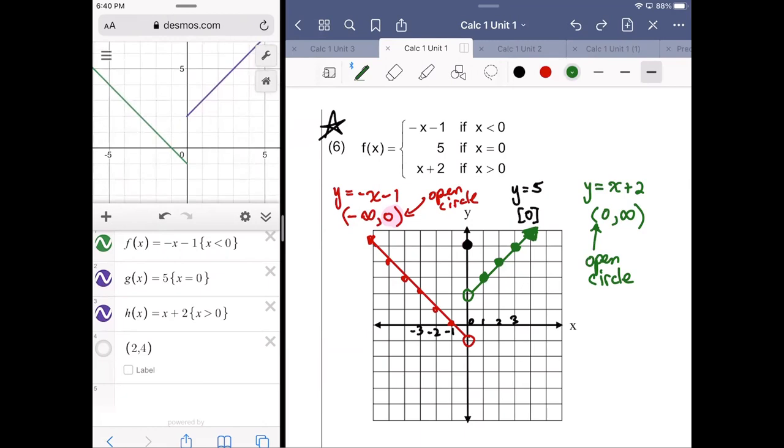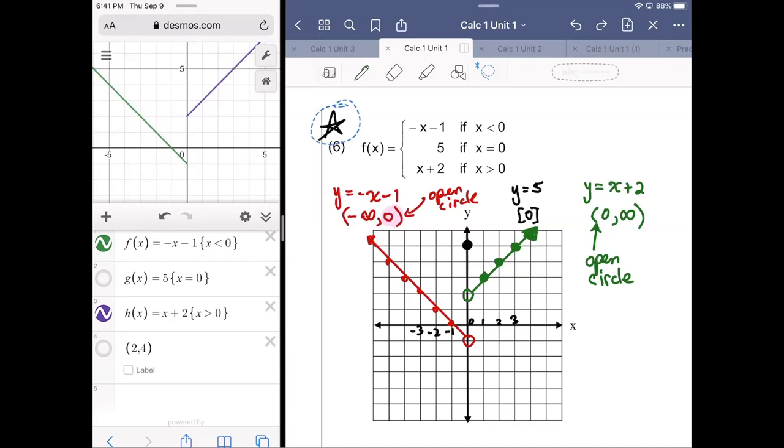Now the thing about this one, the G where G of x is equal to 5 if x is equal to 0. There's kind of a little bit of a philosophical issue there, right?